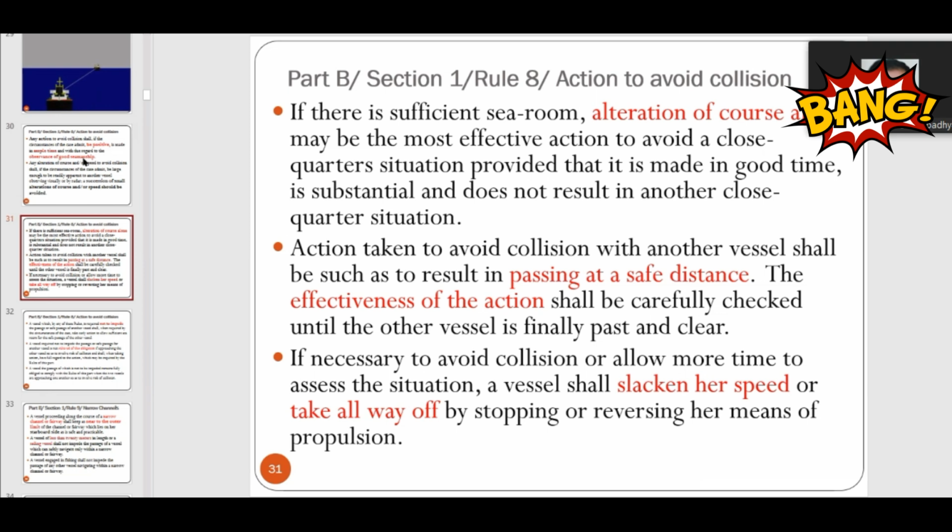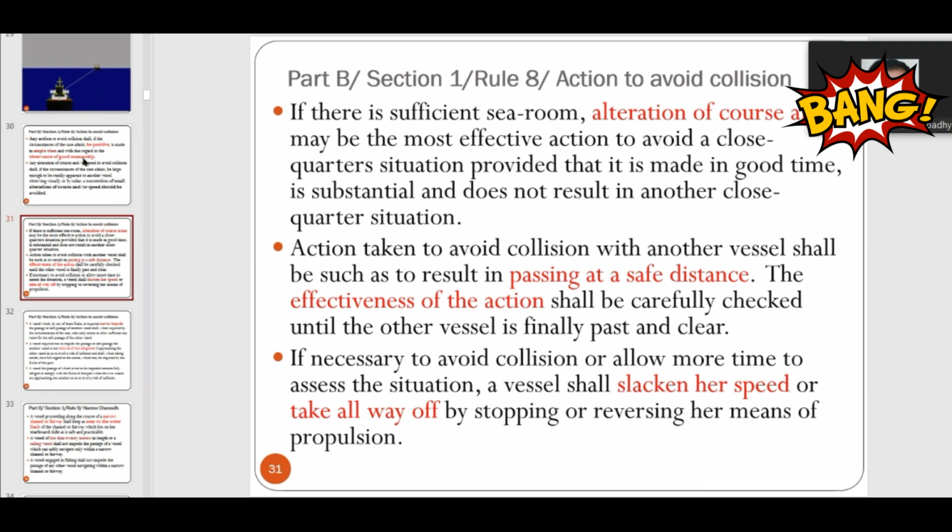So now, when to alter course and when to reduce speed? The action should consist of either alteration of course or speed. So either course alteration, reduction of speed, or course alteration and also reduction of speed.